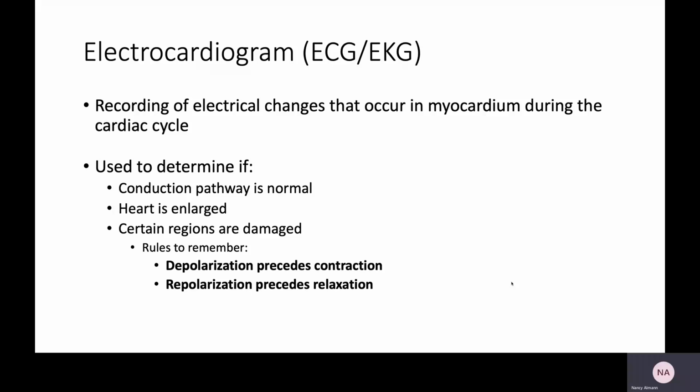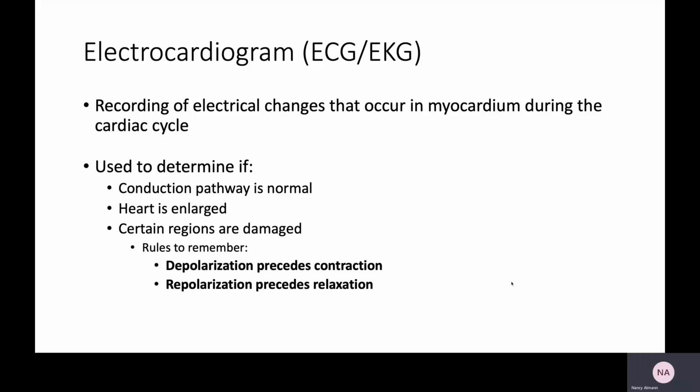Now, you need to know about ECGs, EKGs. EKG is often used. It is just the German for ECG. They use K instead of C for cardiogram. What is it? It gives you a recording of the electrical changes that are going to happen within the myocardium during what's known as the cardiac cycle. Why do we care?